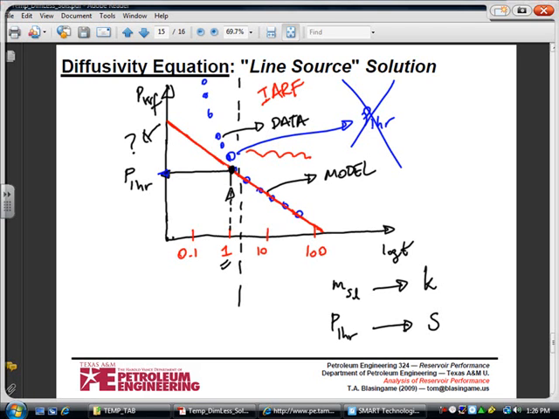But if you are in the infinite acting radial flow regime, then you find the value of the permeability and skin factor. And if you are in pseudo steady state flow regime, what can you obtain? You obtain the area or volume. So each flow regime you can obtain different things.